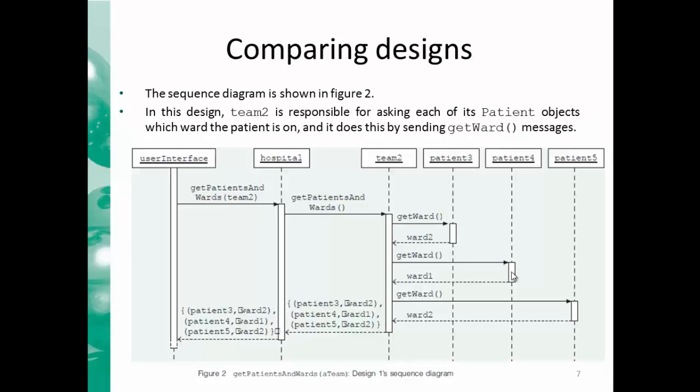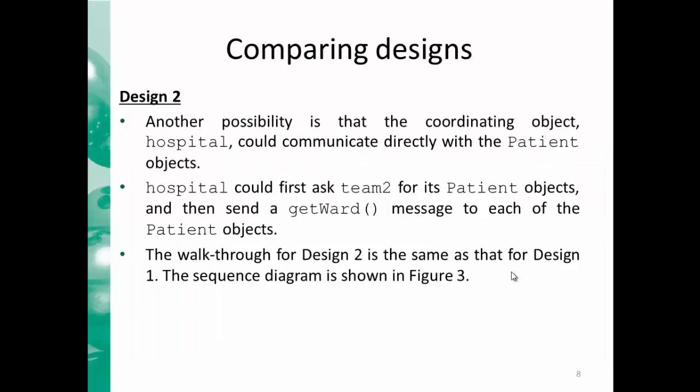Now you find that team 2 did the job. The coordinating object has only to pass the message to team 2, and team 2 will complete the whole job and return the results to hospital 2.